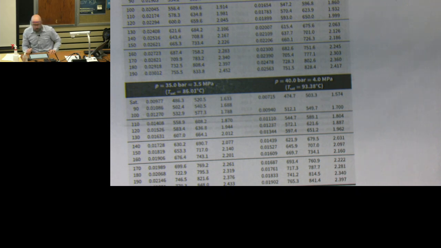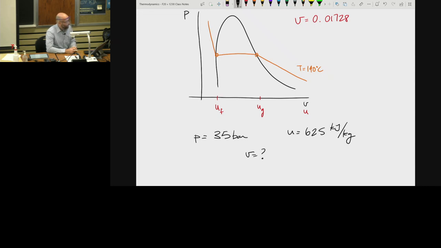For those of you at home, sorry, I have to keep moving back and forth here with this projector. I'm looking at 35 bars, 625 kilojoules per kilogram, and I want to find out what the specific volume is.